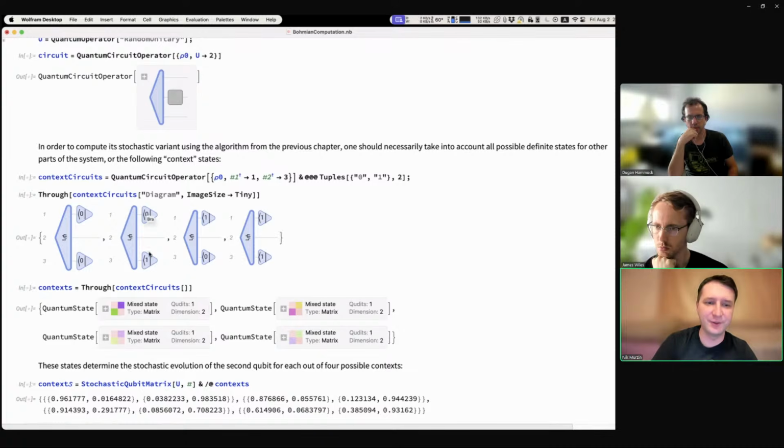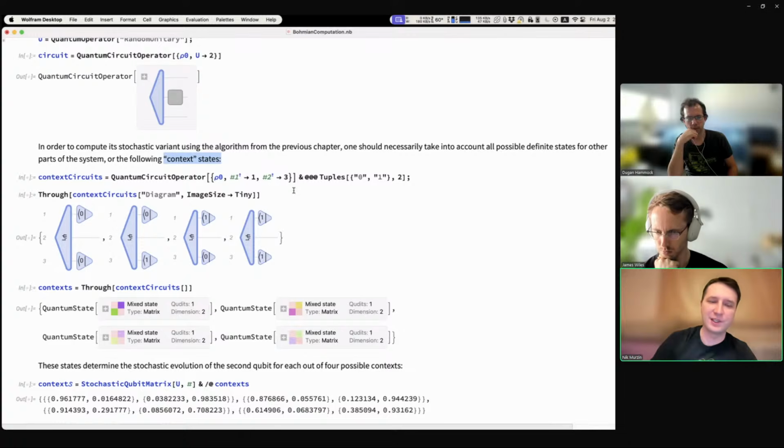So it's either 0, 0, 0, 1, 1, 0, 1, 1. When you fix those different possible states, they determine the different contextual states, I call them just context states, of our qubit of interest here, right?